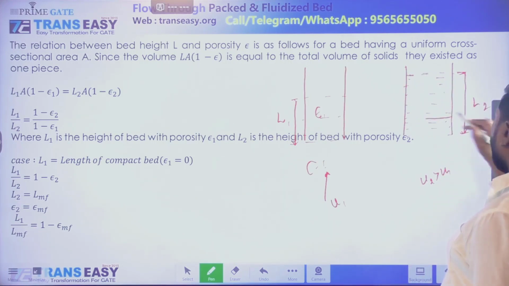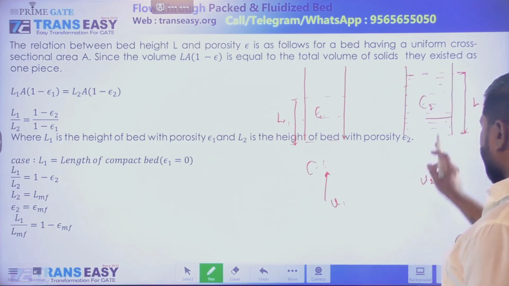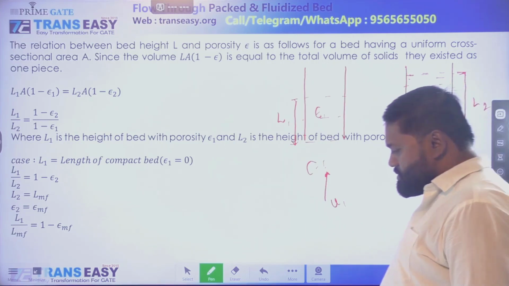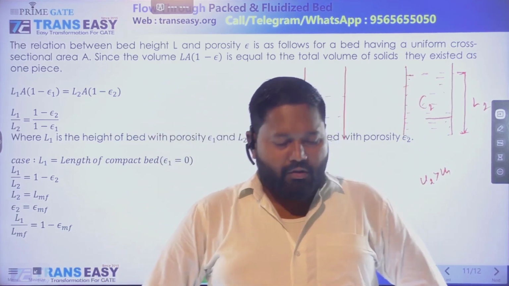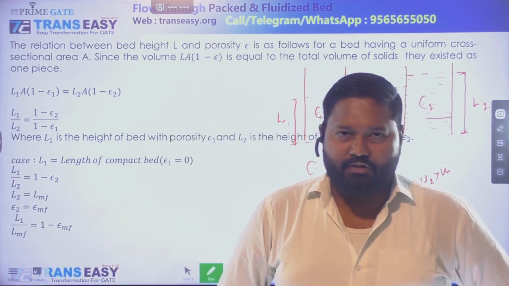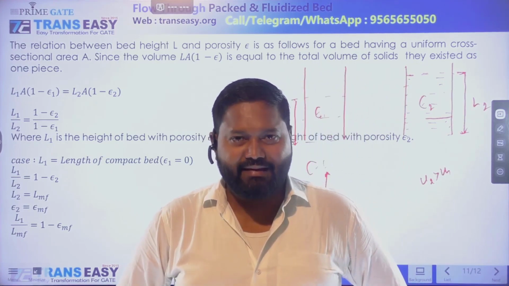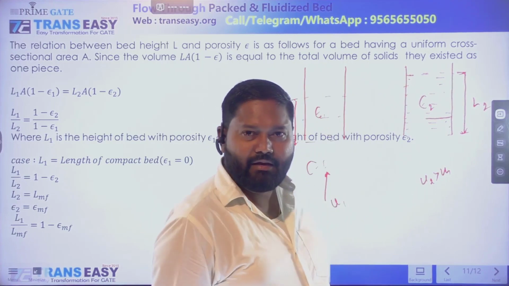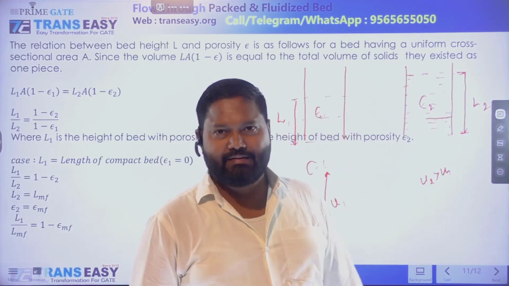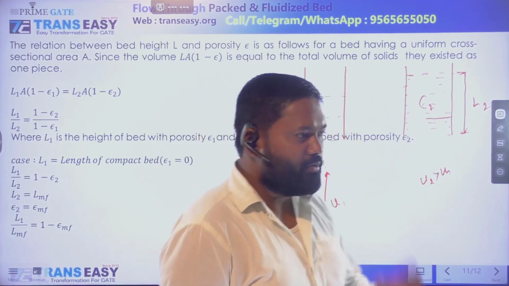So L2 and epsilon 2 is the porosity in the second case, right? In both cases, the total mass of the bed, which is actually the mass of the solid particles, is not changing. So we equate the total mass of the solids in both cases, and we'll get a good, beautiful relationship.